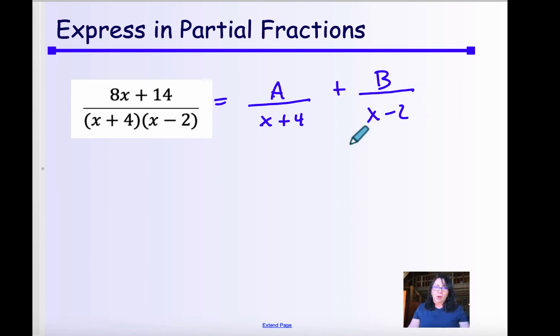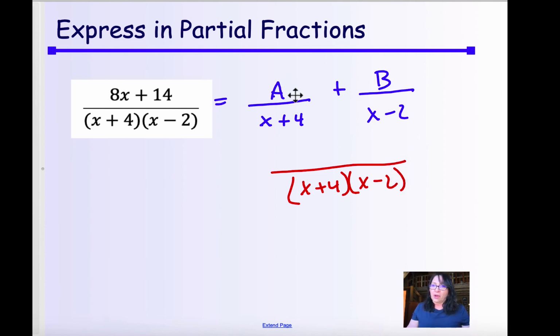Again, you want to combine those. As soon as you factor, you want to combine the two terms with the common denominator. The common denominator is going to be x plus 4 times x minus 2. So this value needs an x minus 2, so we multiply by x minus 2 over x minus 2.